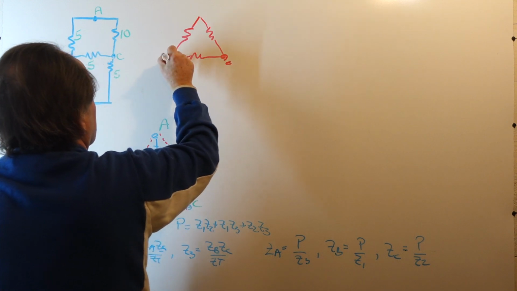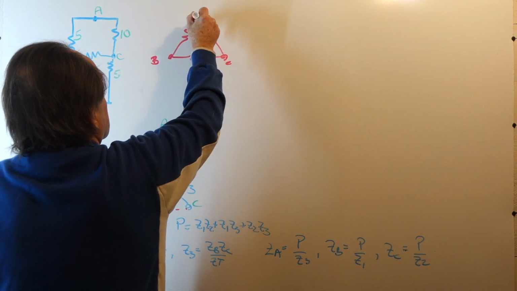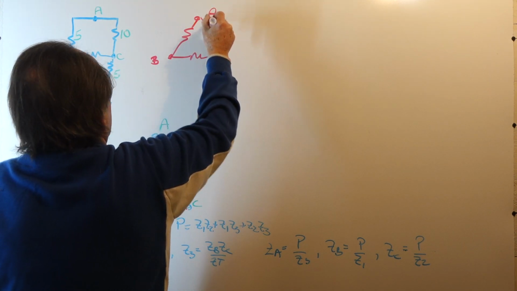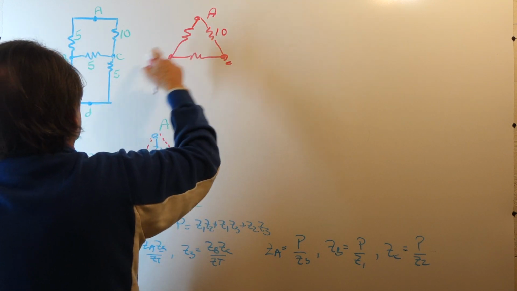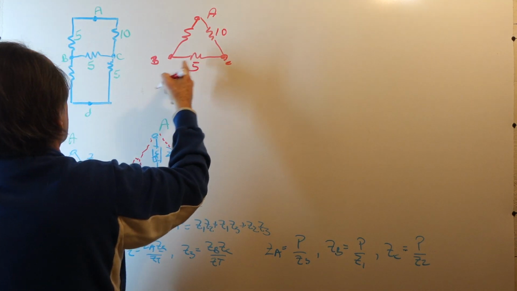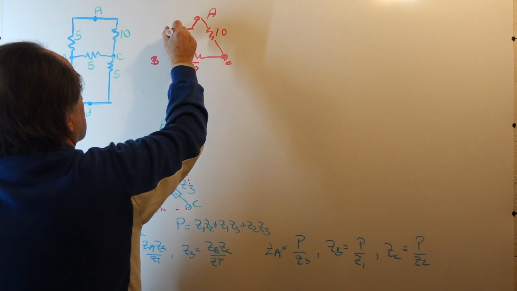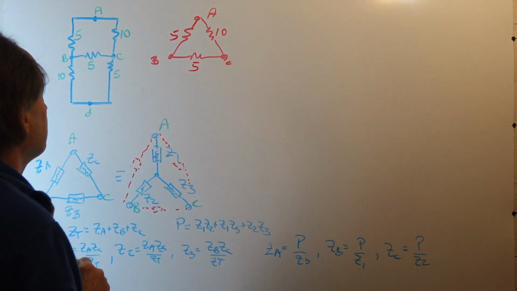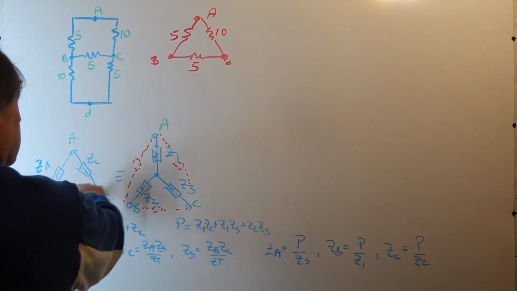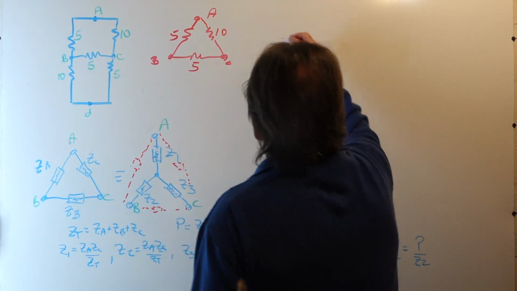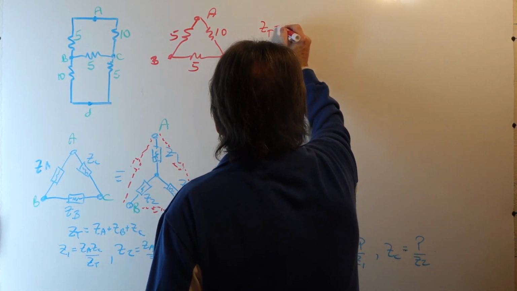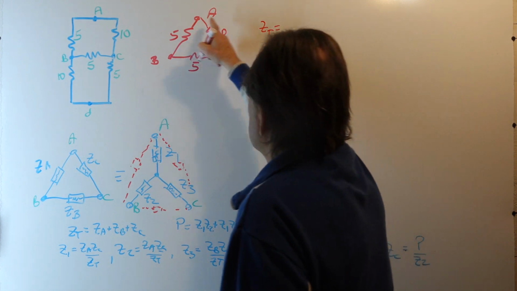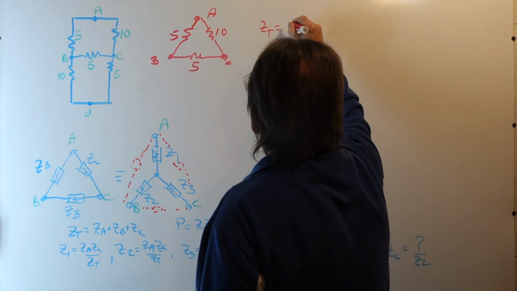This is C, this is B, and this is A. This element has value 10. This is our bridge element of value 5, and this is the other element of value 5. So this looks like the delta. So the first thing we do is find ZT. ZT is the sum of the elements 5, 5, and 10, which is 20.